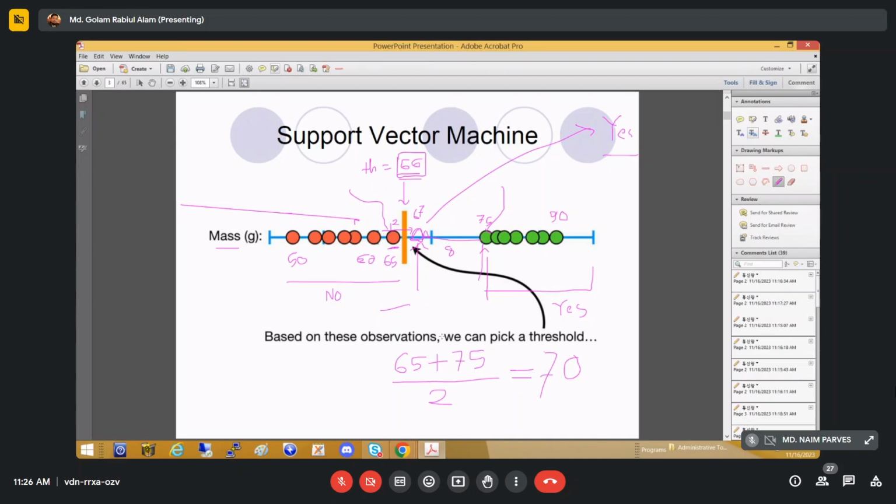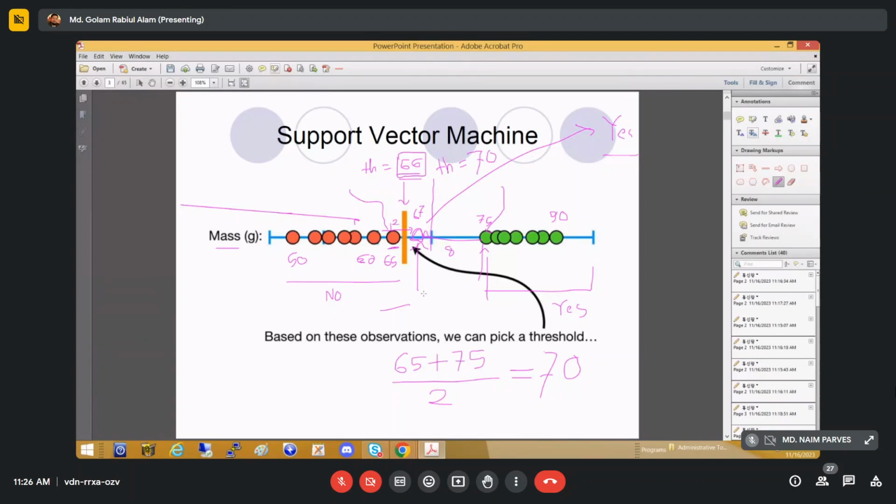So now, if we set the threshold equals 70, then we can interpret easily.